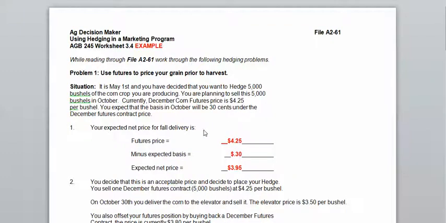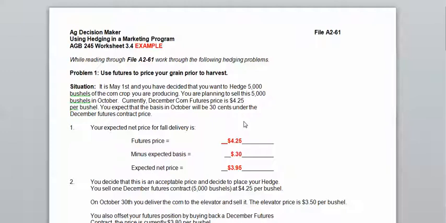So, just so you understand, what we're going to do here is figure out what we plan on as a realized price for our grain. Futures price is 4.25, and we subtract basis because basis is 30 cents under. Remember, basis is the difference between futures price and local cash price.